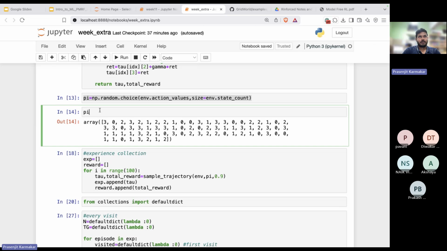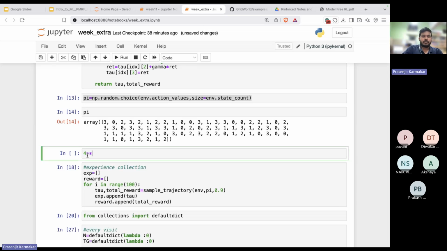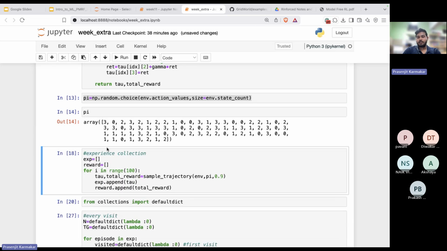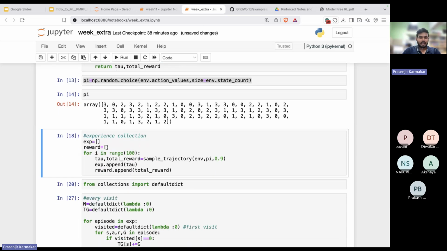So for an environment with 4 states, my possible policies would be 4 to the power 4. How much is 4 to the power 4? Let me check. It's 256 policies. So I can obviously generate all possible policies, get a good amount of experience, and identify whichever policy has the maximum value, right?